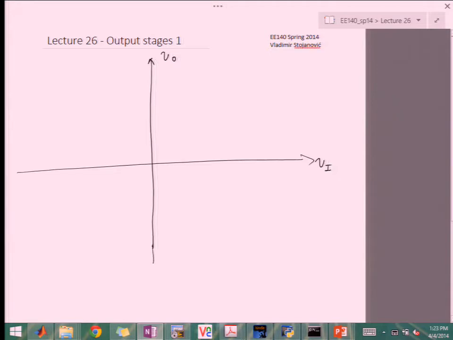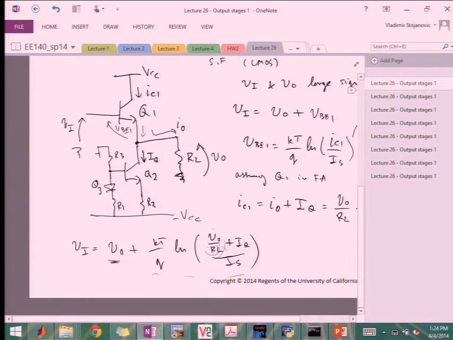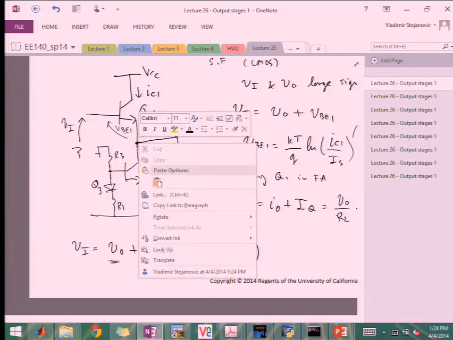So let's see what that looks like. Let's first find the point where Vout equals 0. If Vout equals 0, then there is no current flowing through this, right? So 0 is here. And then Vin is going to be just VBE1 from 0.